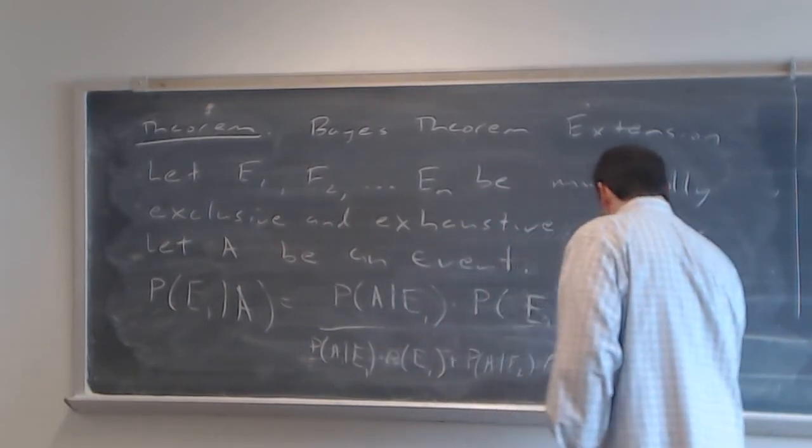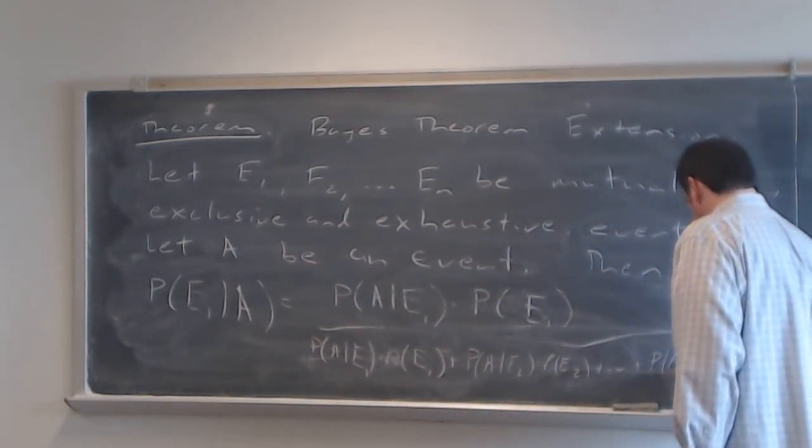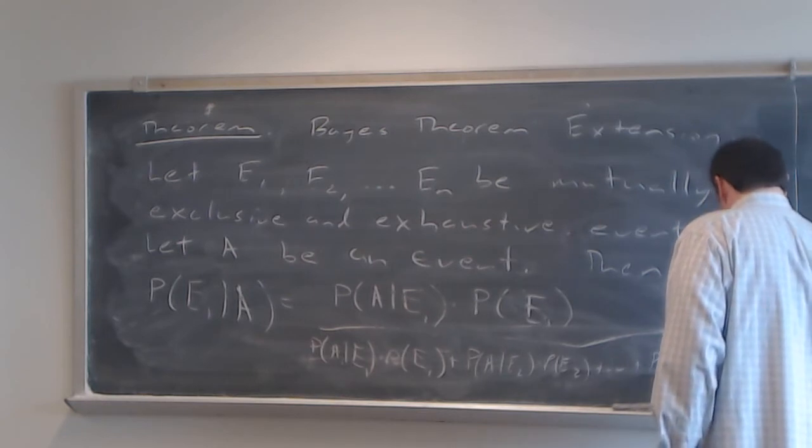Plus, and we keep going in that fashion, and the last term is the probability of A given En times the probability of En.